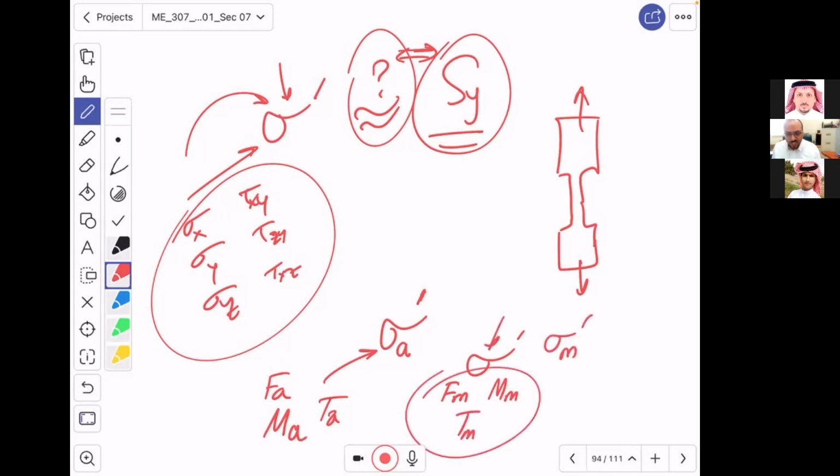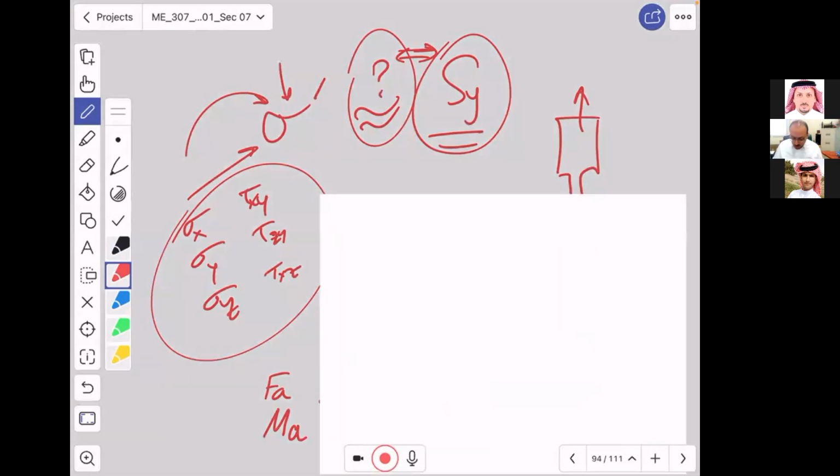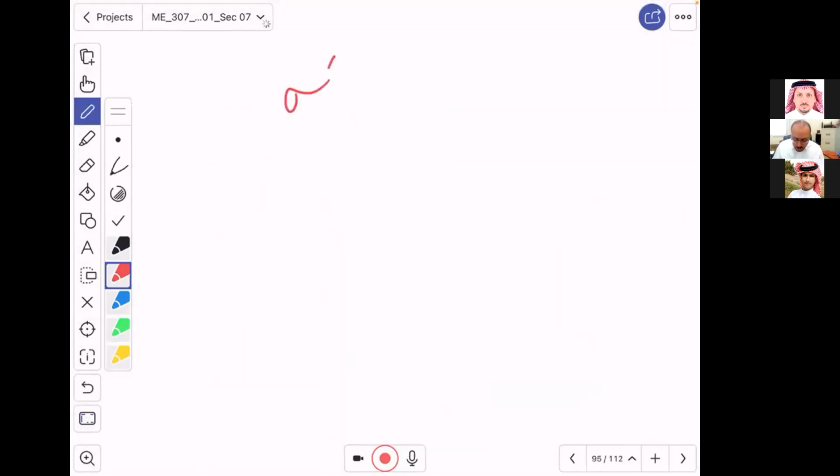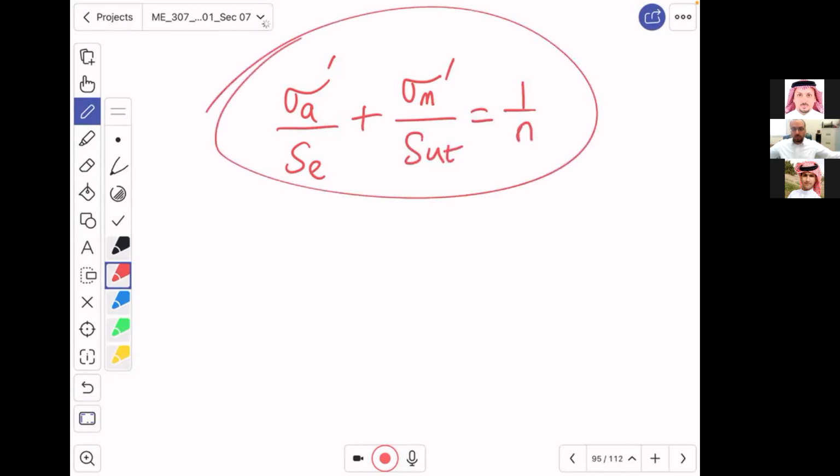Now, look how interesting this is. When you put sigma m and sigma a, if you have a positive mean stress, you can just put sigma prime a divided by Se plus sigma mean prime divided by Sut, which equals 1 over n. And this is what? This is Goodman. I don't need to change this. I don't need to change this.